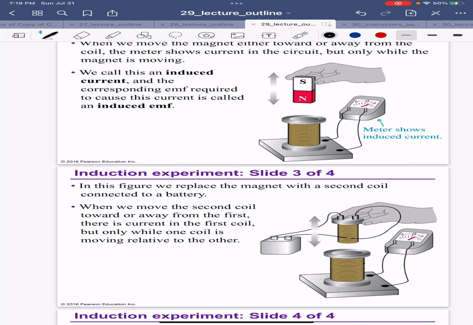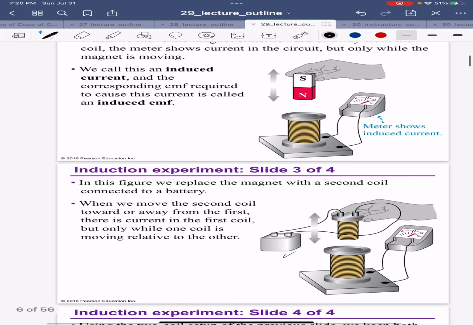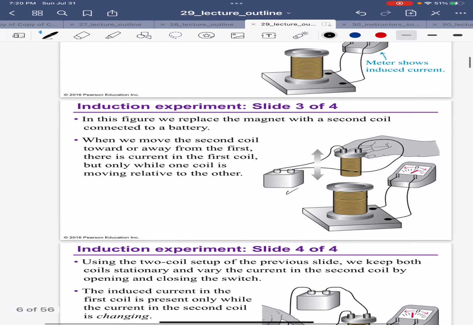Another experiment that is really important, we replace here the magnet with a second coil that is connected to a battery, like this one on the top. And then when we move the second coil toward or away from the first, there is a current in the first coil, but only when one coil is moving relative to the other.